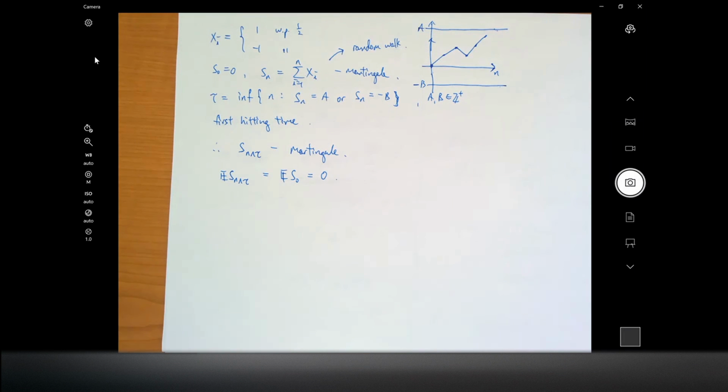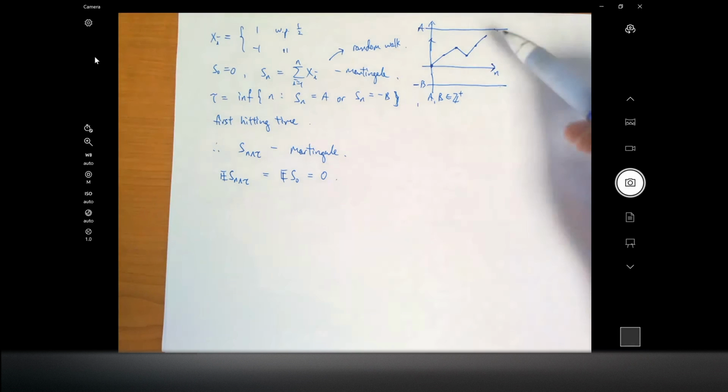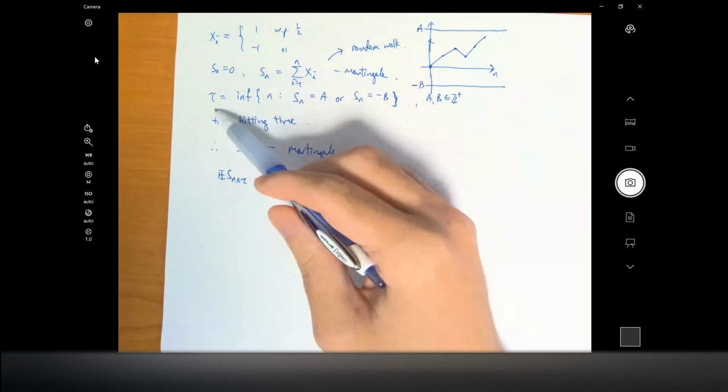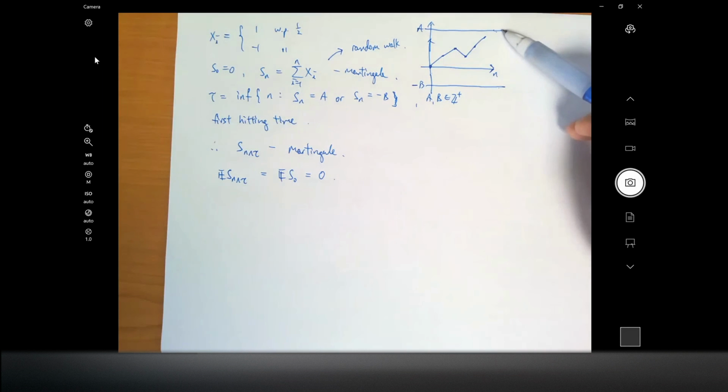Now I'm interested to know what is the probability, how to compute, two things. First of all, what's the probability that at the time tau, I'm hitting the threshold A?